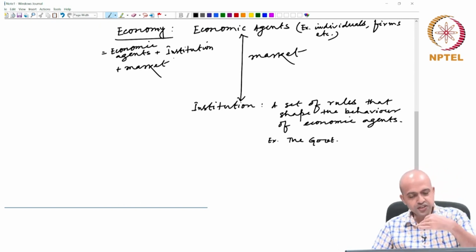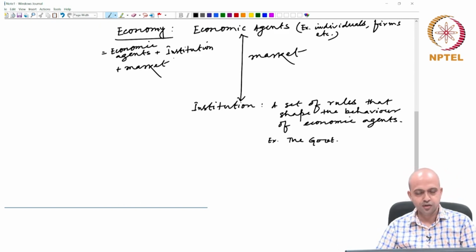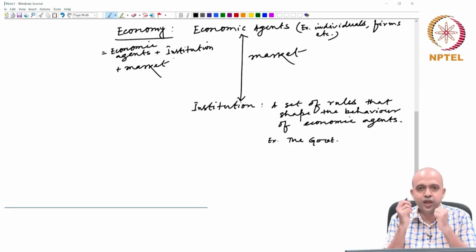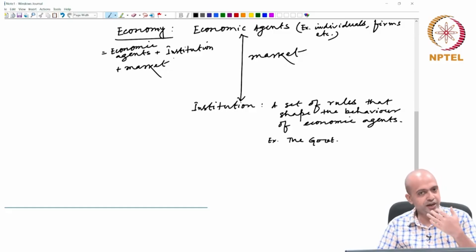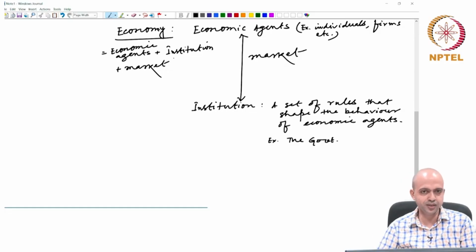Okay. So, this is called economy. Economic agents, institution and market, they form the economy. Any economy, it might be Indian economy, Bangladeshi economy, US economy, wherever you go, by economy we mean economic agents, institution and market, right.